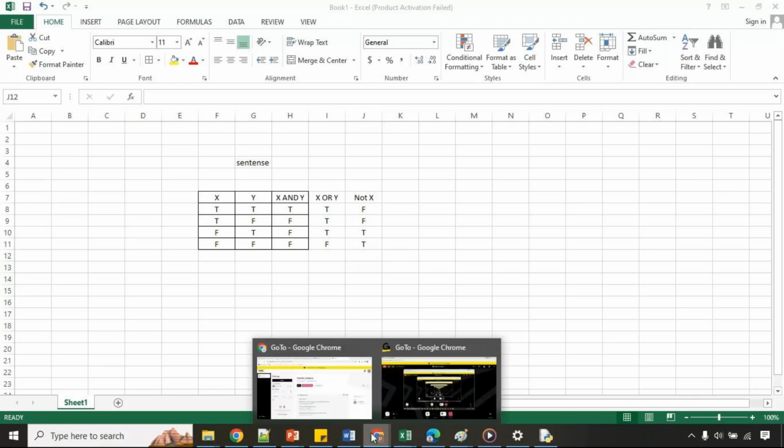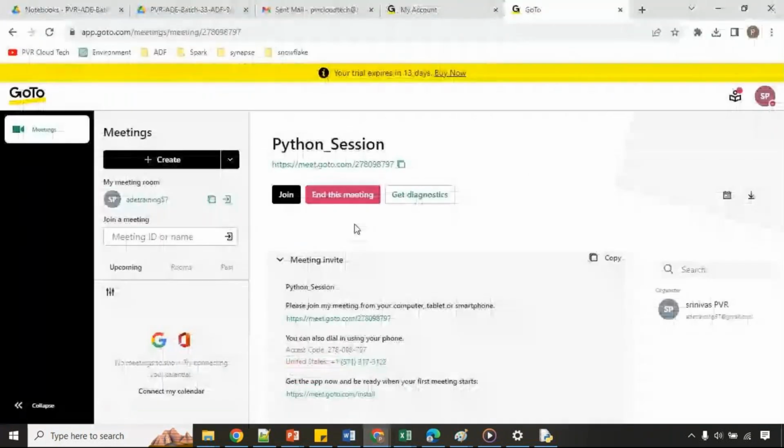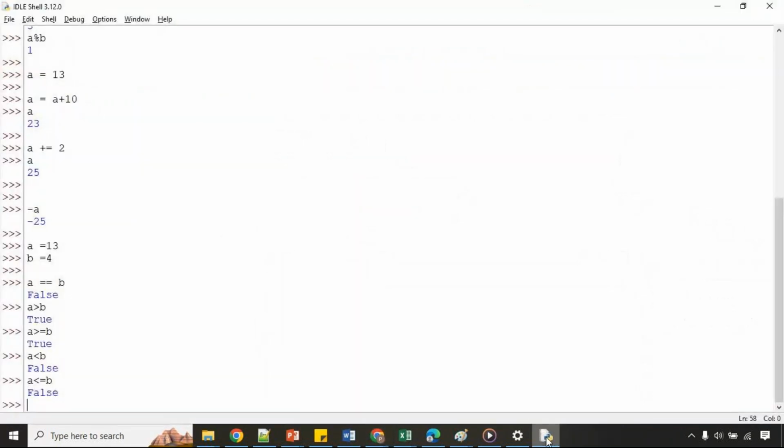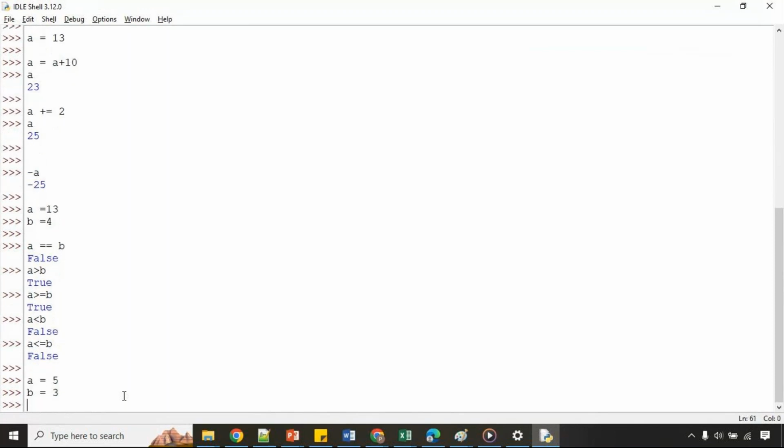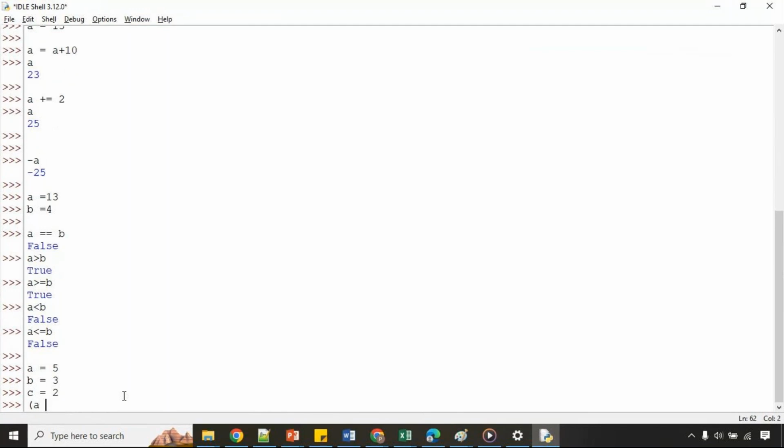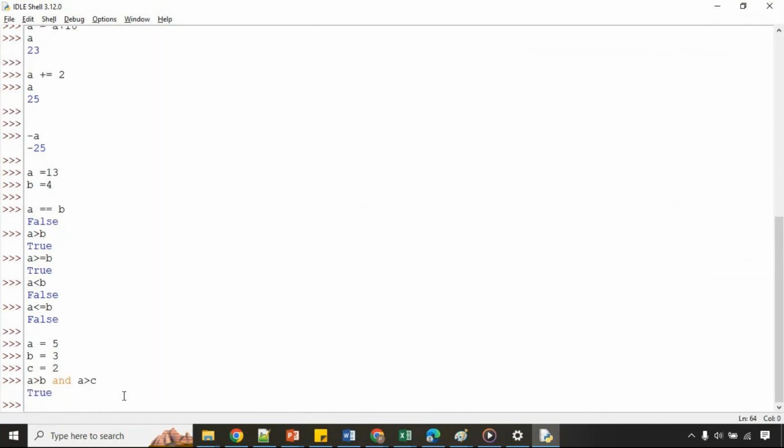Now observe here. A equal to 5, B equal to 3, C equal to 2. A greater than B and A greater than C: true and true.